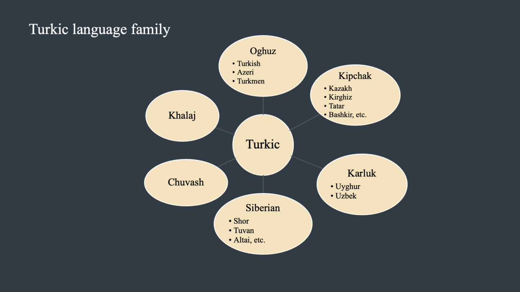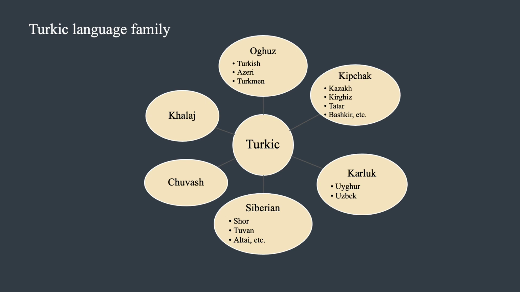We've mentioned Kazakh belongs to the Turkic language family, so what is it? Turkic is one of the world's major language families, consisting of a higher number of different languages and varieties that manifest notable similarities and differences. The present-day Turkic languages can be divided into 6 main branches, such as Oghuz, Kipchak, Karluk, Siberian, Chuvash, and Kalach, of which the Oghuz branch involves Turkish, Azeri, Turkmen, and so on.